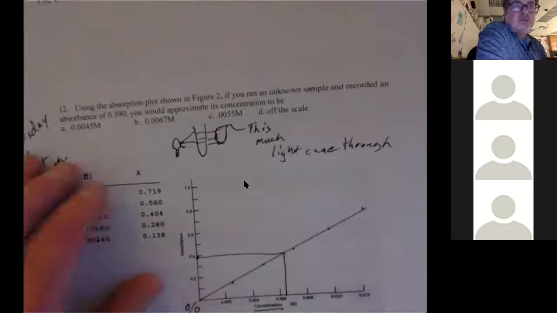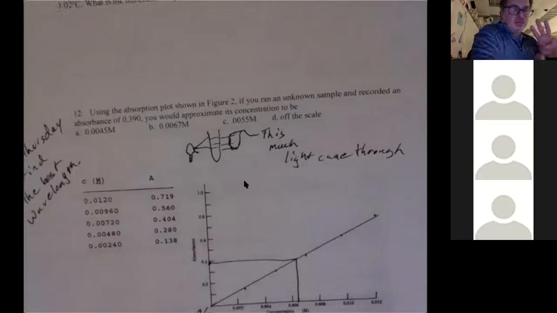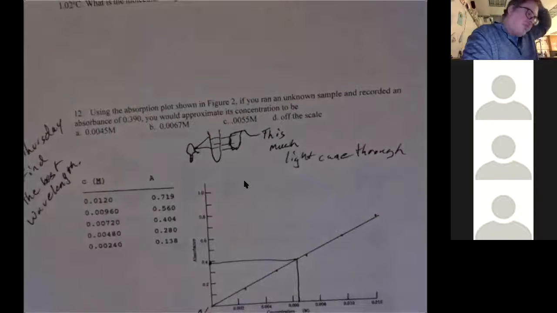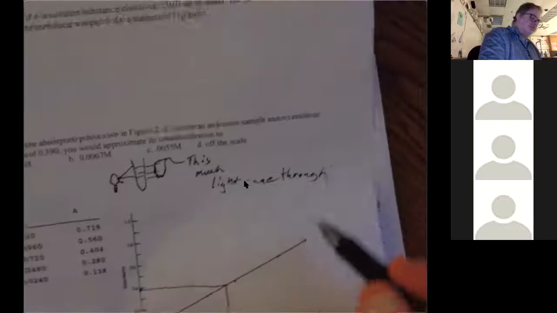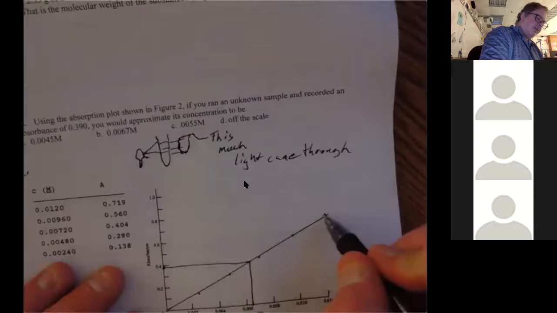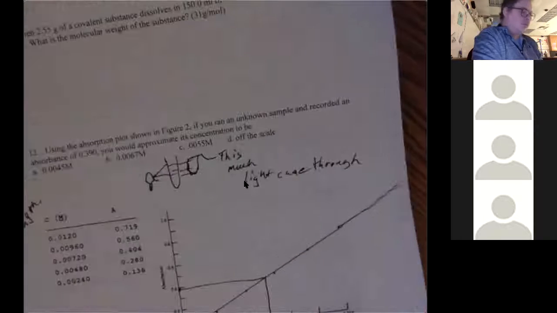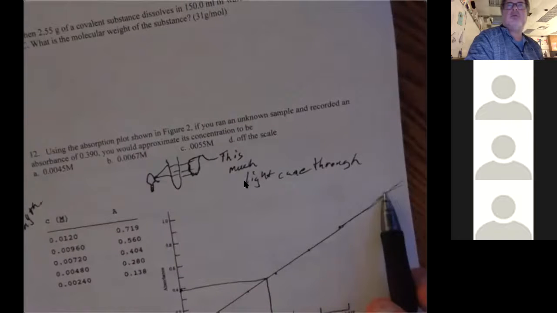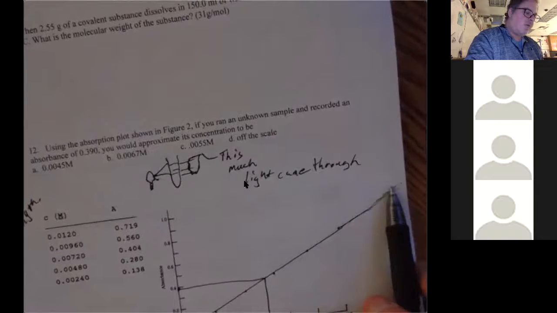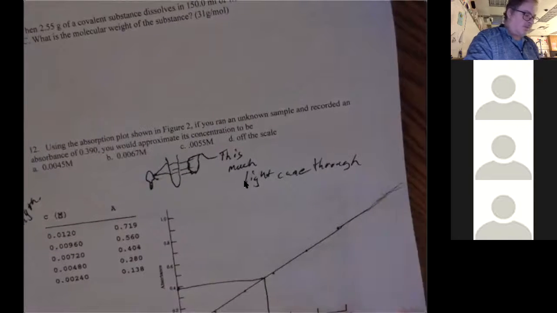One of the things you want to do is, I'm going to give you 3 unknowns, and one of those unknowns will actually be higher than 0.2000. What does that mean? You will have to extrapolate your graph past this point. You can do that one of 2 ways. You could calculate a point on that best fit line way up here, and that will make your graph bigger.